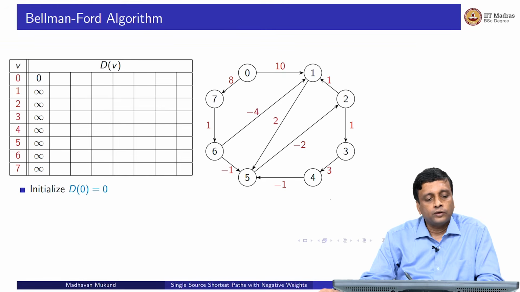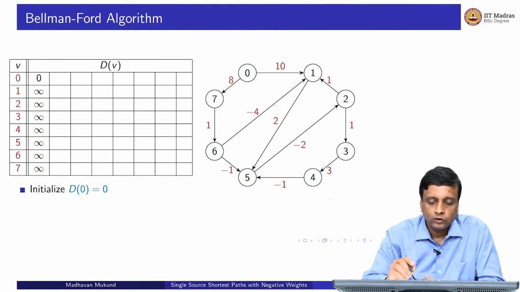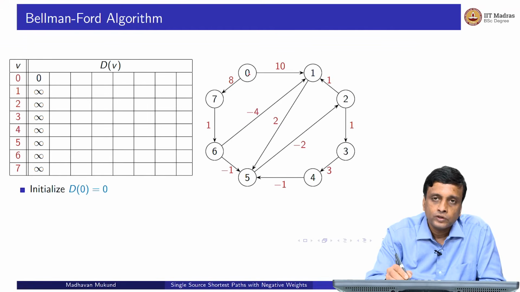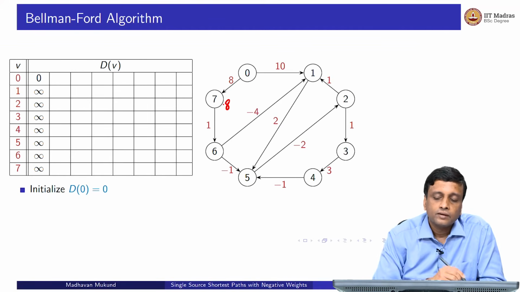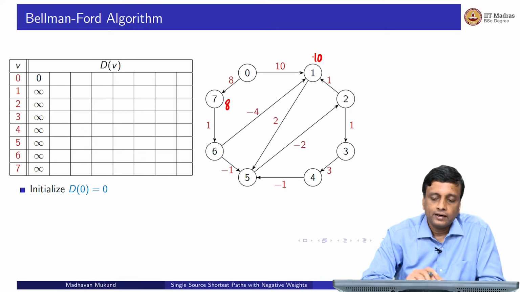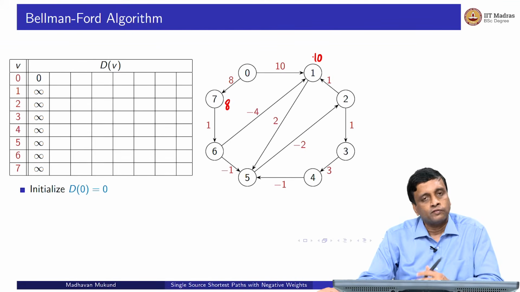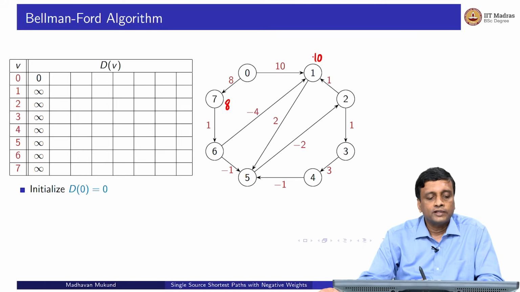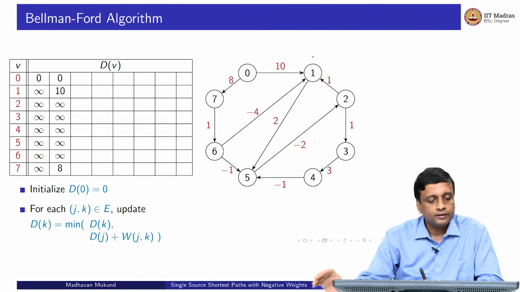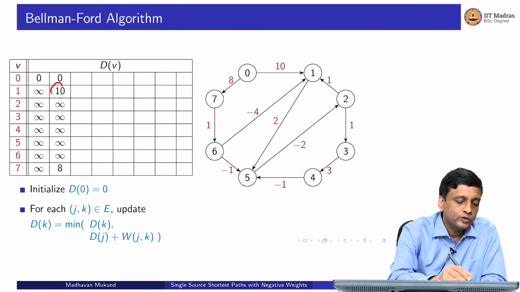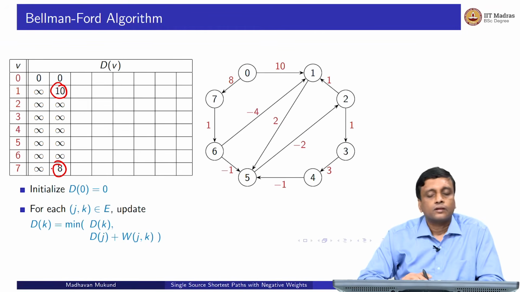Now, what I do is I take everything that is known and I update things which are unknown. So, what do I know? 0. So, if I know that 0 is 0, then this must be 8, and if I know 0 is 0, this must be 10. For everything else, my current estimate is infinity. So, infinity plus whatever is going to be infinity. So, basically I get a new distance for 7 and 1. So, vertex 1 is going to be 10 and vertex 7 is going to be 8, right. So, I get new entries here for 7 and 1.